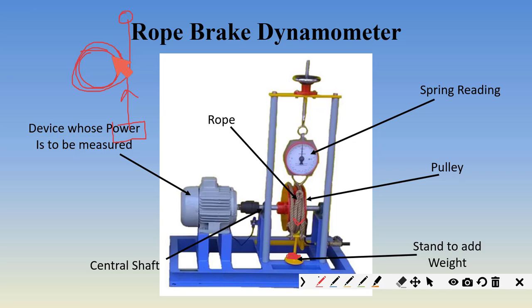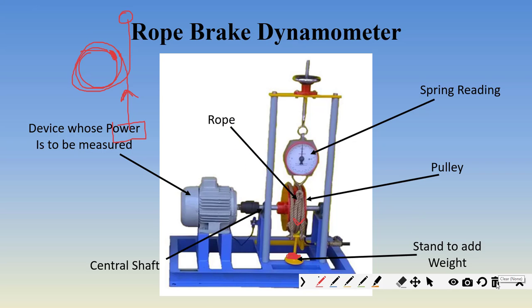Between the rope and the pulley, there is some amount of friction. This tension is leading to this friction, and this friction is providing the opposing force to the motion of the motor or the motion of the engine. So this is how a rope brake dynamometer works.